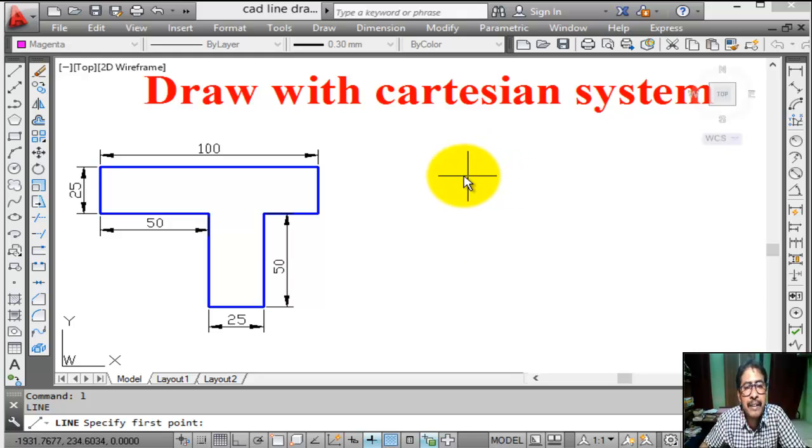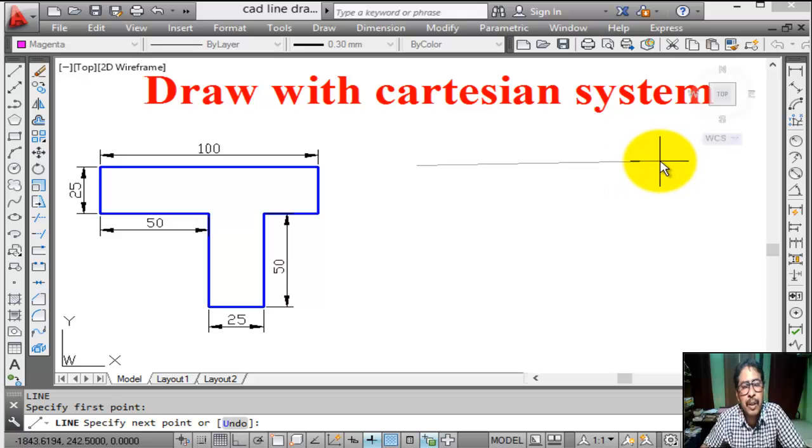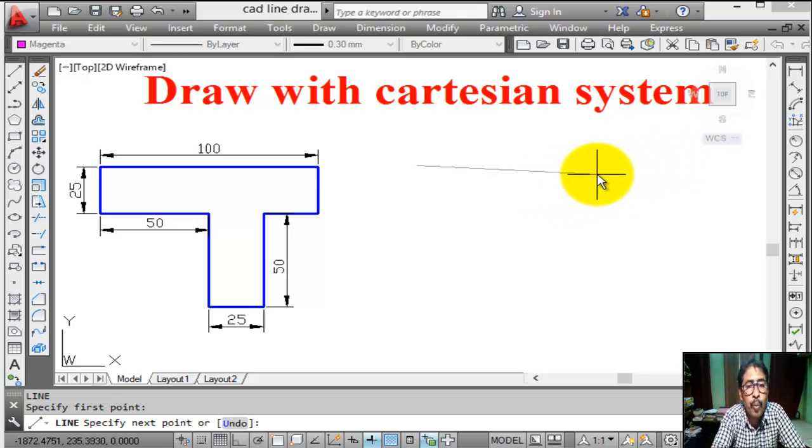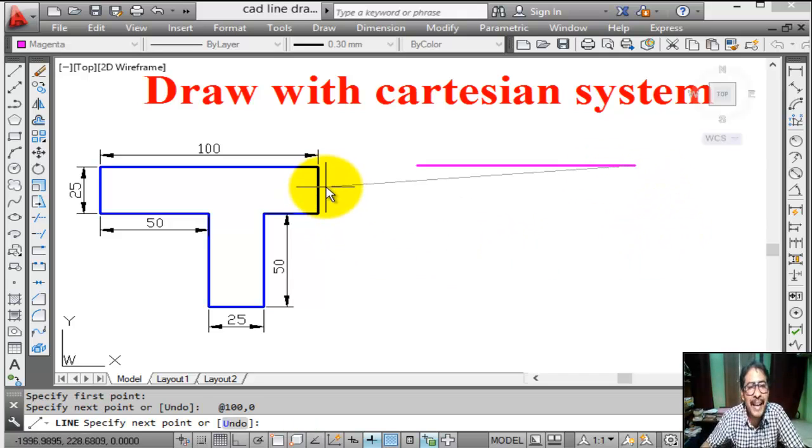Specify first point, click on any point. Next, this is 100. In the Cartesian system, we type @100,0, enter. Okay. Next, this line is 25.